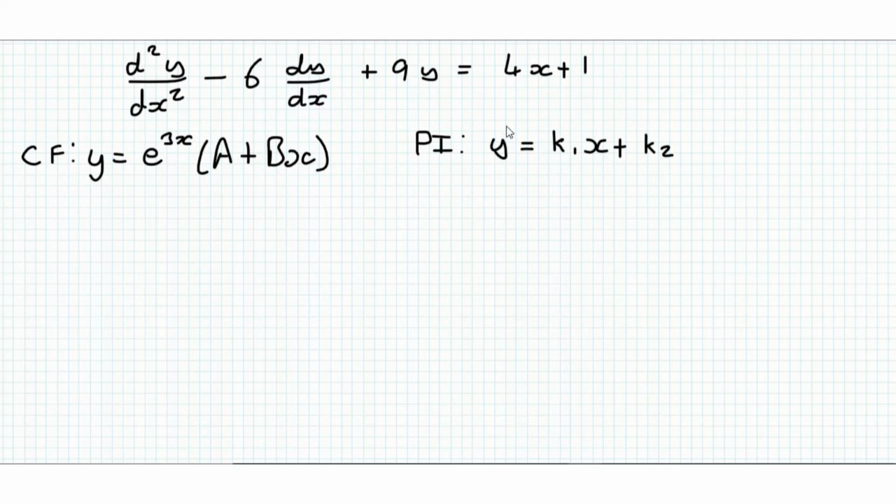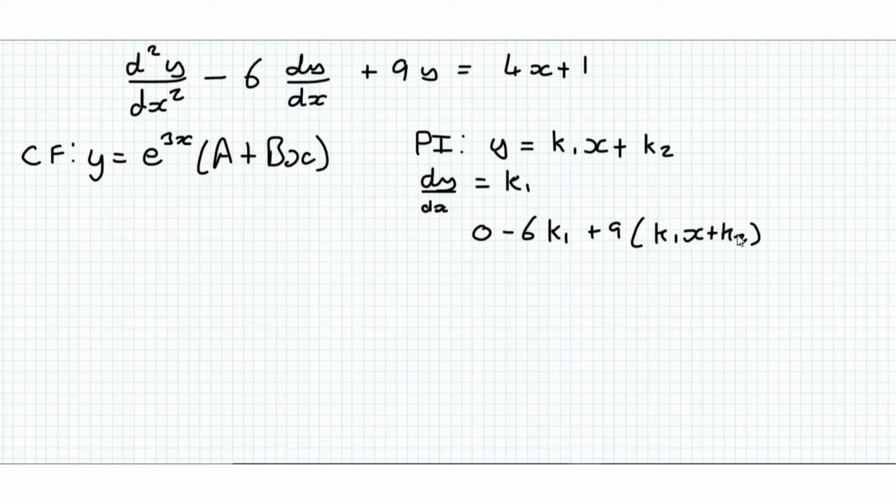Okay, so dy by dx is equal to k1, and y is k1 x plus k2, so I'll substitute that in. Substituting it in here, we get 0 minus 6 k1 plus 9 k1 x plus k2, and that's equal to 4x plus 1.